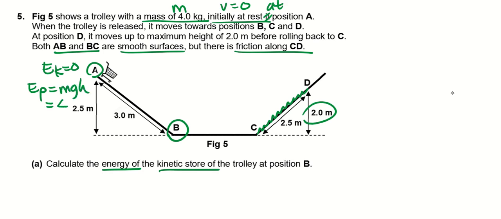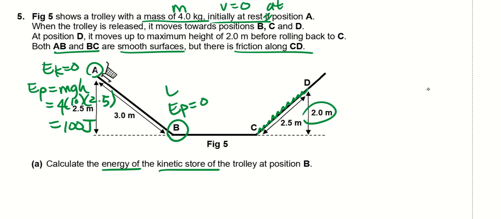I have a mass of 4, g is 10 and a height of 2.5, so it will be 100 joules. They want the energy in the kinetic store of the trolley at position B. At B, there is no energy in the gravitational potential store because it's at the lowest height, so it is 0.